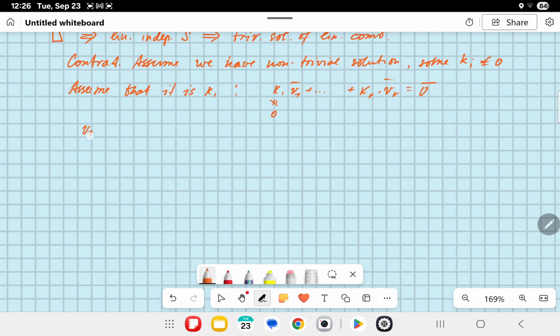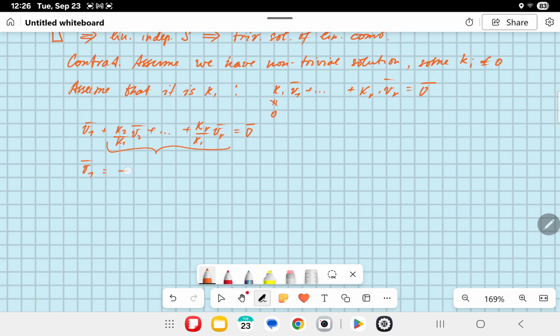And I'm going to have v1 plus k2 over k1 v2 and so on, kr over k1 vr. Again, if it's not k1 but some other coefficient, you just divide by it. Now I'm going to move all this to the right side and keep v1 on the left side.